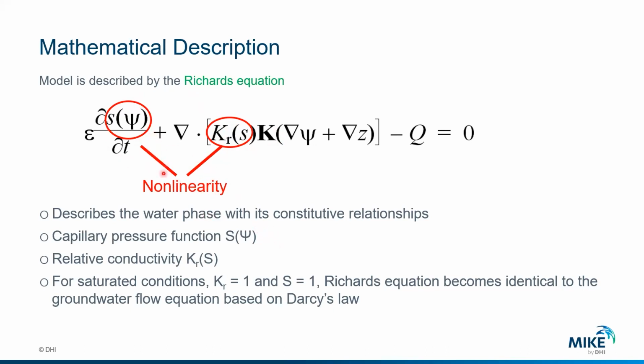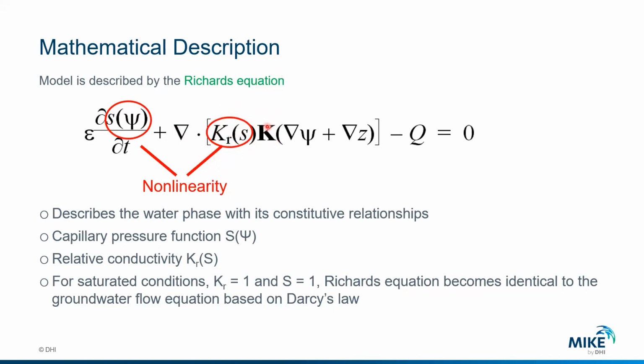This is what we name here nonlinearity, because there is a connection between the pressure heads and the saturation, and there is a connection again between the saturation and the conductivity. If we change the media from an unsaturated system to a saturated system, this term here will become 1.